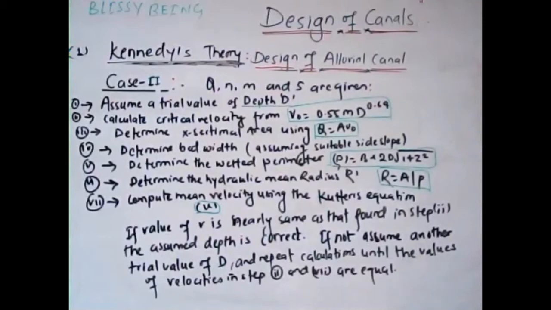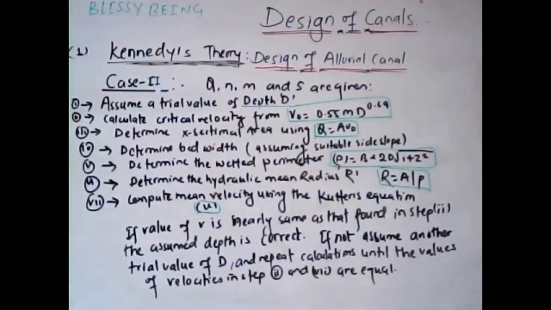Then you can determine the cross-sectional area using the continuity equation. Discharge is given and you have just obtained the critical velocity, so you can simply calculate the cross-sectional area A. After that, in step 4, you need to determine the bed width assuming a suitable side slope.